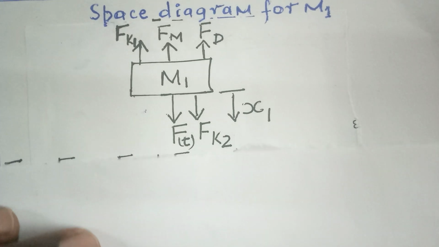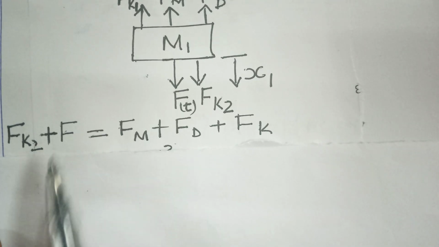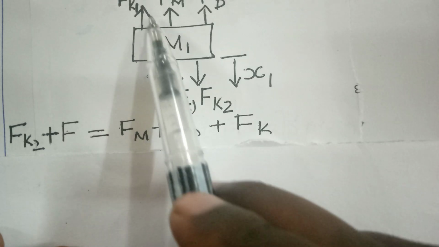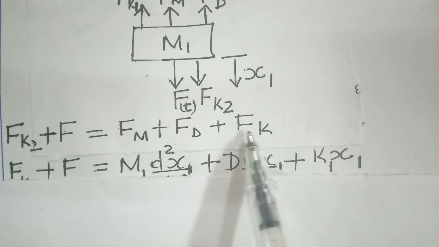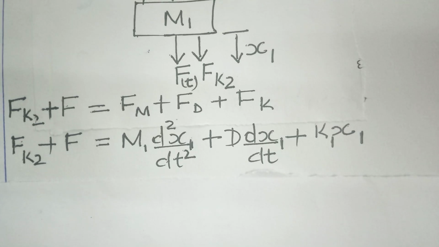And so guys, now we balance those equations. So we shall have Fk2 plus F is equal to, this will be on one side, this on the other side, as I have shown here. Then guys, we can now write the differential equations.